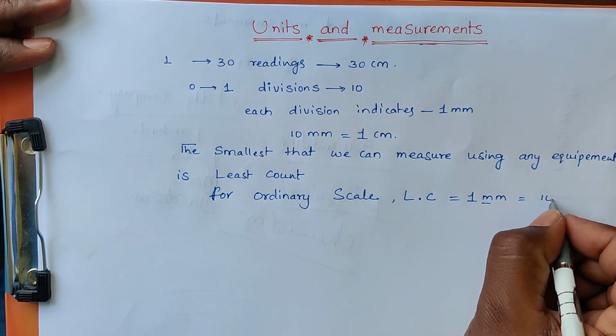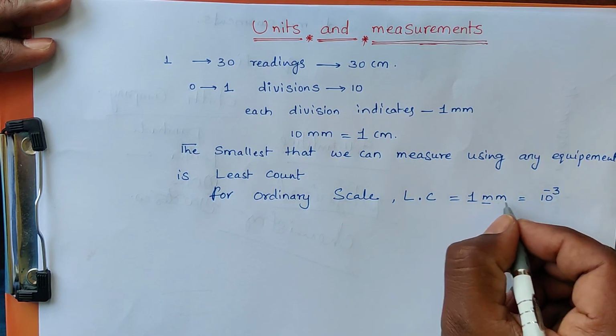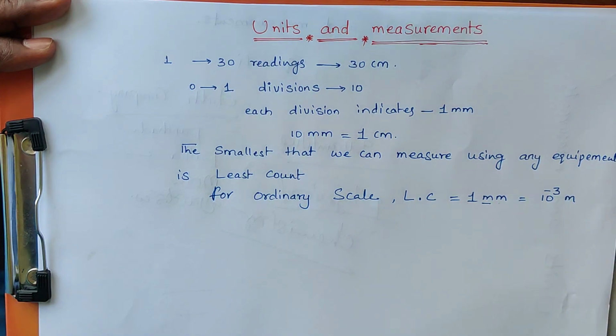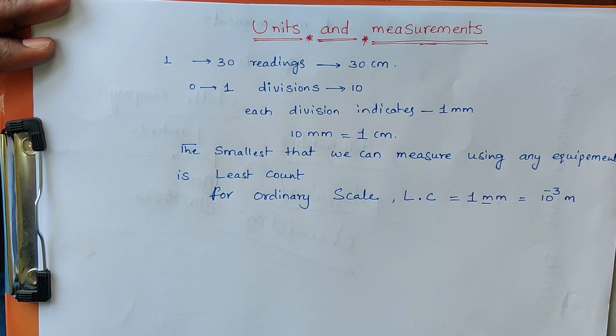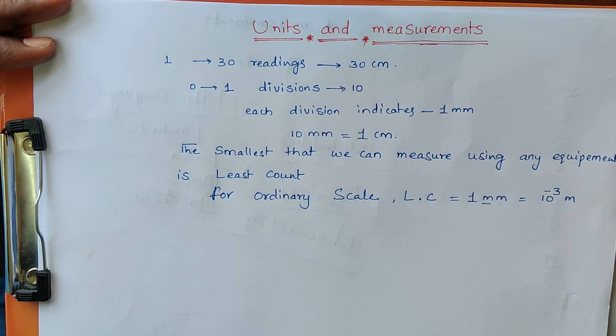Milli is nothing but 10 power minus 3, meter as usual. So the least count is 1 millimeter or 10 to the power of minus 3 meters.